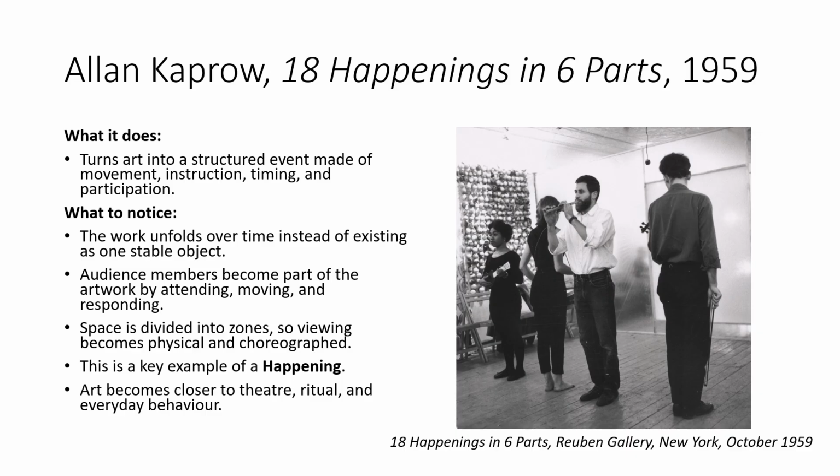Even watching is no longer passive because the event is organized around bodies in space. Third, the space is divided into zones. That means viewing becomes physical and choreographed. People are guided, separated, repositioned, and made aware of where they are. This is why Capro's work often feels close to theater, ritual, or everyday social behavior. But it's not simple theater, it's a redefinition of what art can be.